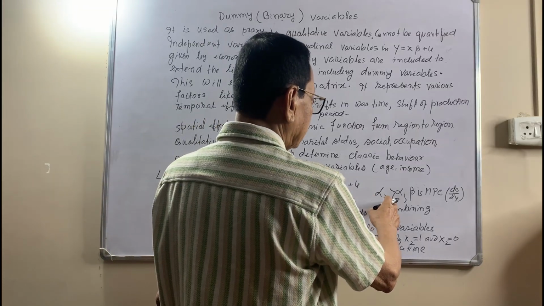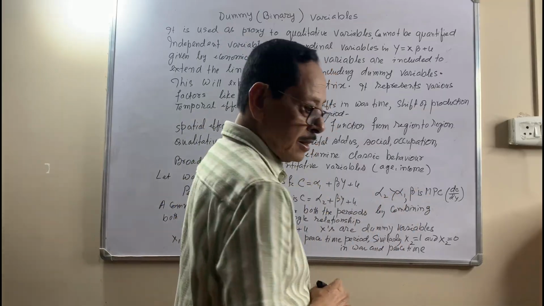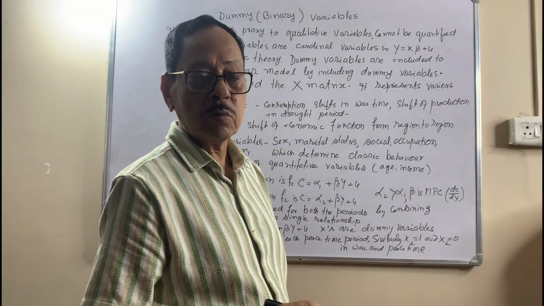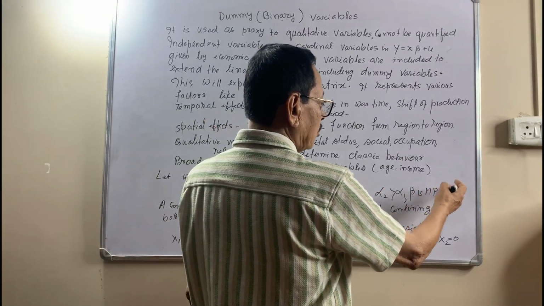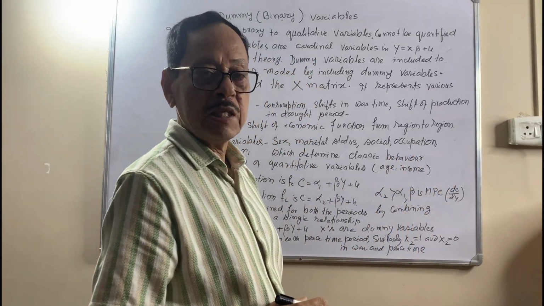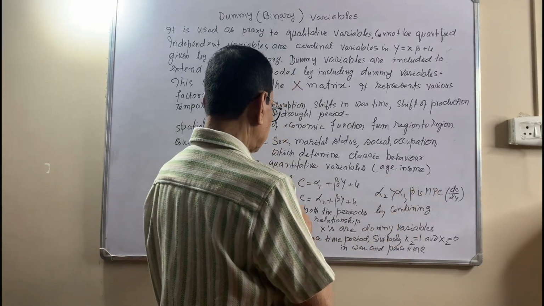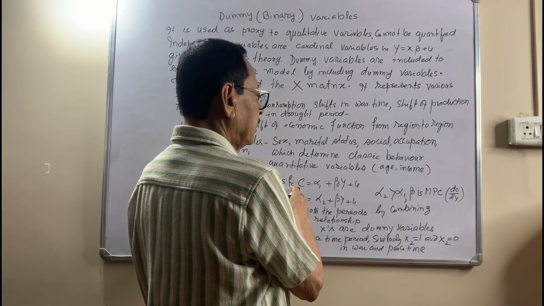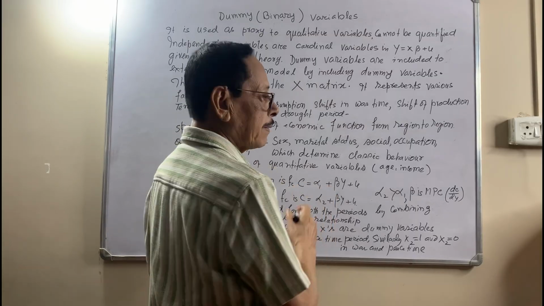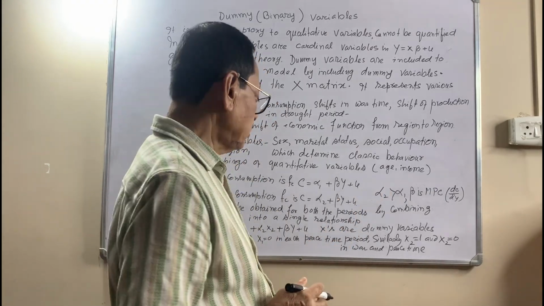So alpha 2 greater than alpha 1, and beta is the MPC, the marginal propensity to consume. It means what is the change in consumption due to change in income? That is called marginal propensity to consume. So if we find the first derivative with respect to y, dC by dy, it is beta. So beta is called the marginal propensity to consume.